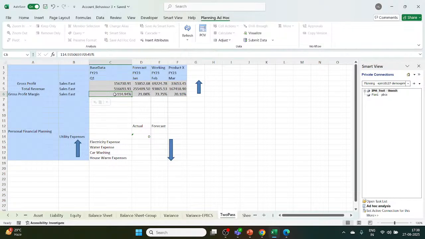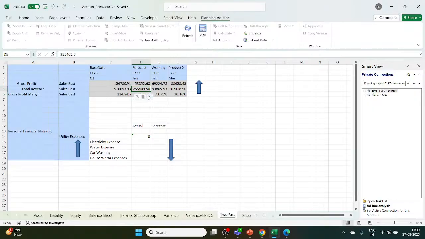Sometimes percentages or ratios do not calculate correctly in one pass. So here two pass calculation applies. Like this is sales, and this is percentage.